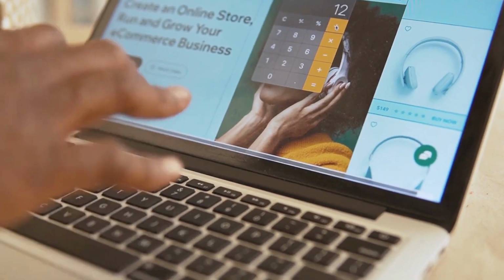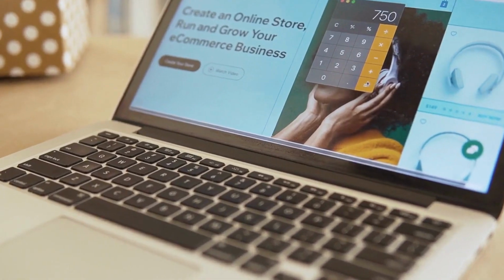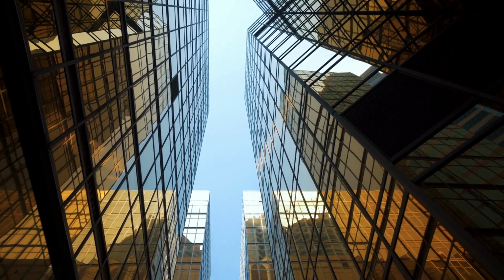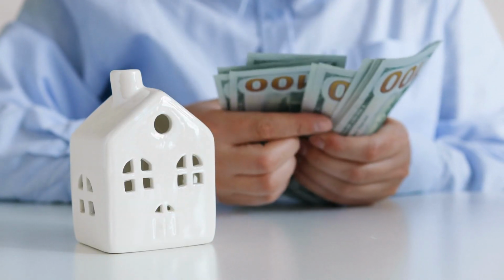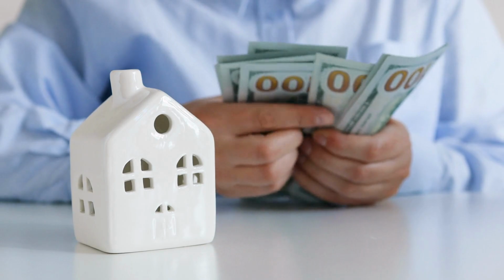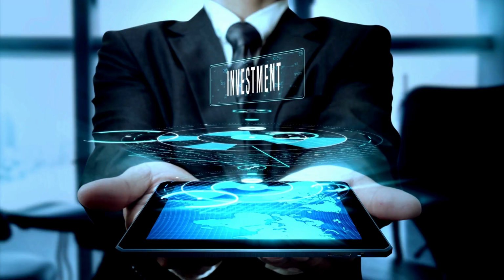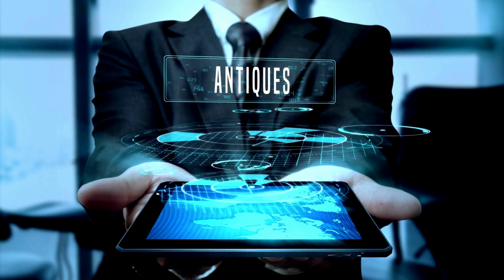Another one on our list that has gained popularity in recent years is real estate crowdfunding. It involves pooling funds from multiple investors to collectively invest in real estate projects. Online platforms facilitate these investments, allowing individuals to invest in a diverse range of properties with lower capital requirements.